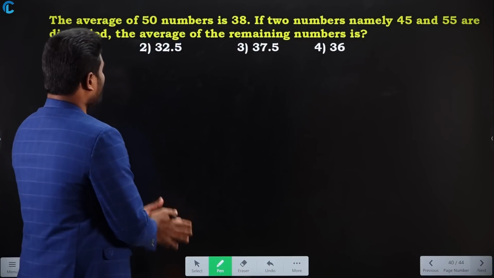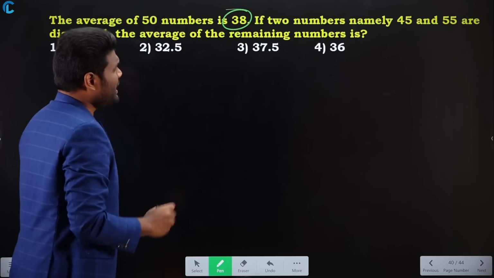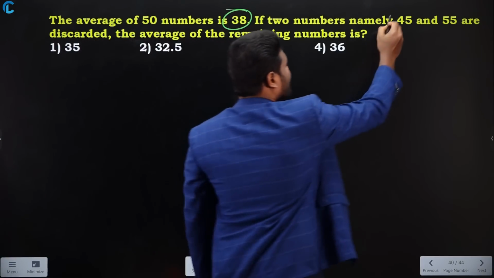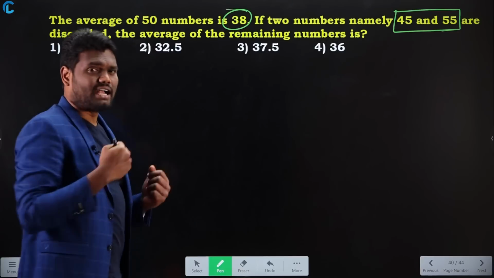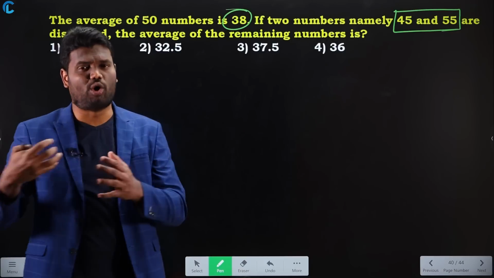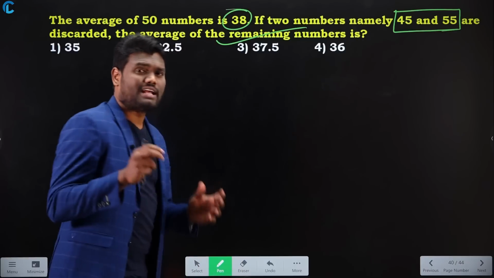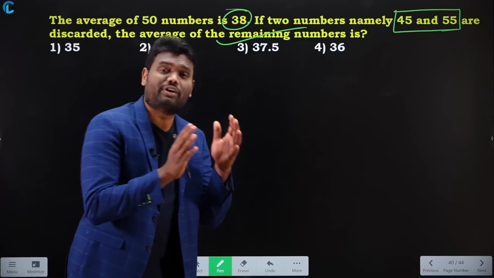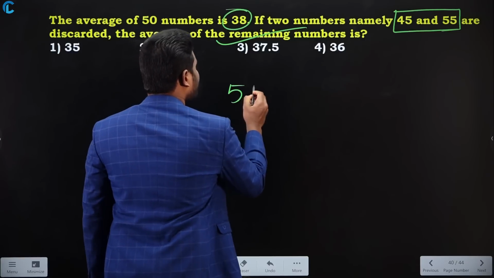The average of 50 numbers is 38. If 2 numbers, namely 45 and 55, are discarded, meaning removed, we are asked to find what is the average of the remaining numbers. This is a very simple question. How many numbers do you have? 50 numbers.